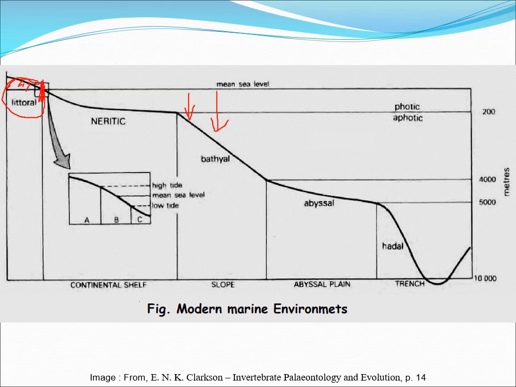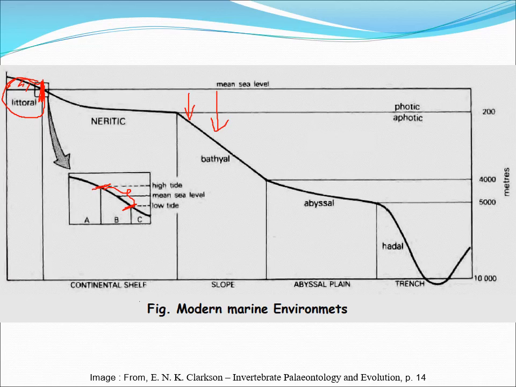These areas consist of the high tide level, mean sea level, and the low tide level. So this portion between the high tide and the low tide is the intertidal zone. That means whenever high tide comes, the water level reaches there, and during low tide, the water level reaches there. So that is the zone in which the tidal activity is observed. That is why it is known as the intertidal zone.